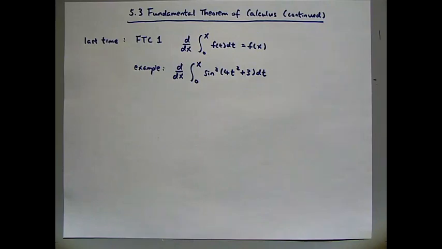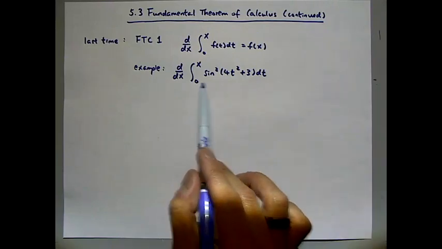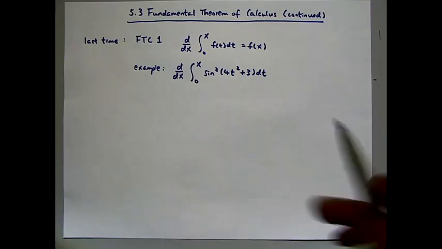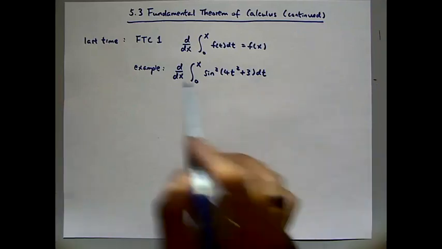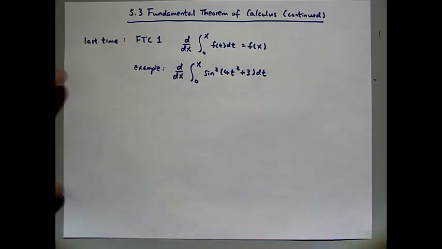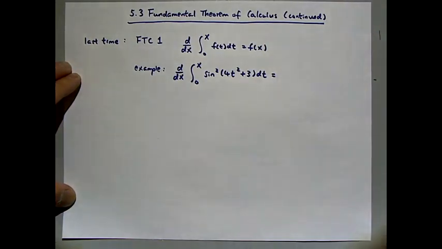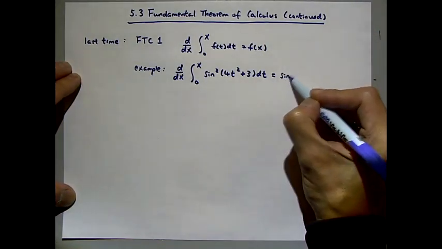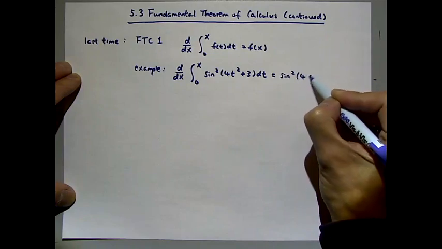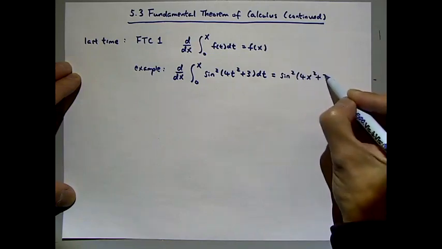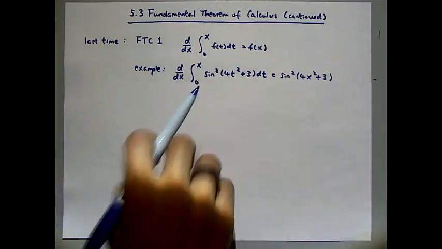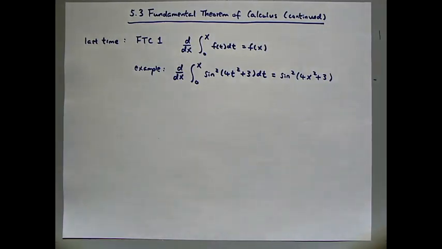If you think in terms of the area, it doesn't matter how complicated it is. We're looking for the area underneath that and looking for the rate of change of that. According to fundamental theorem of calculus 1, this is simply equal to the function itself with a t being changed to an x.